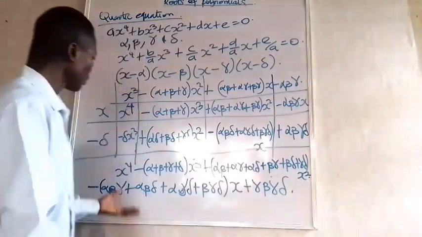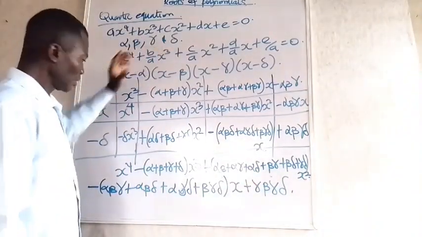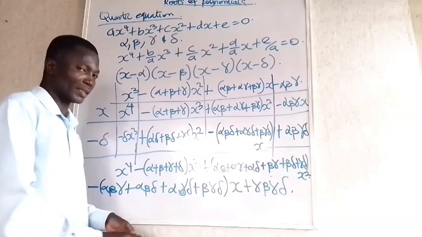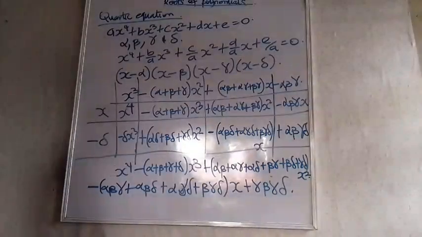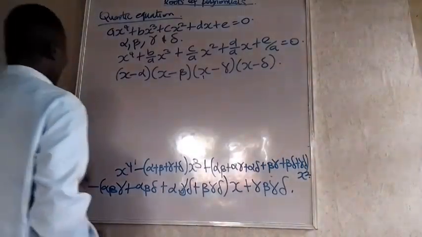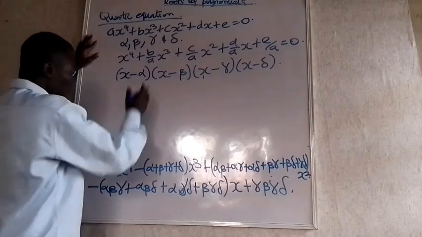You can see, we now equate this to this to get all the necessary factors or summation we want to get. Because we are involved with quadratics and cubic, this one will be very easy for us to do.